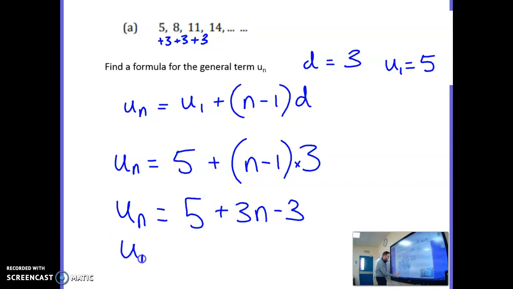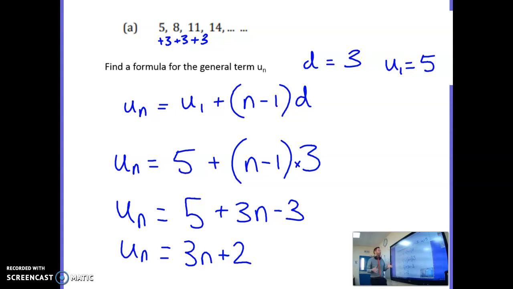Tidy it up a little bit more: Un equals 3n plus 2. If you've done some nth term before, you might spot that what we have there is the sequence 3n plus 2. So that is using this formula to find the nth term.